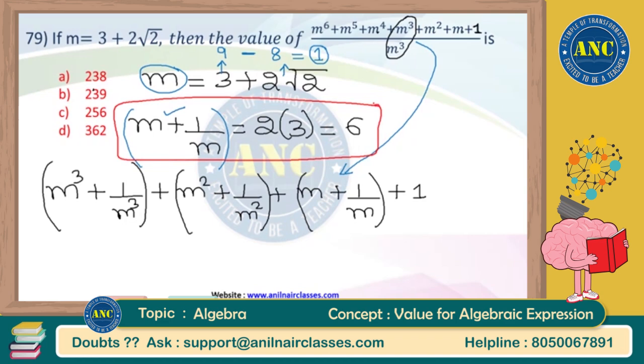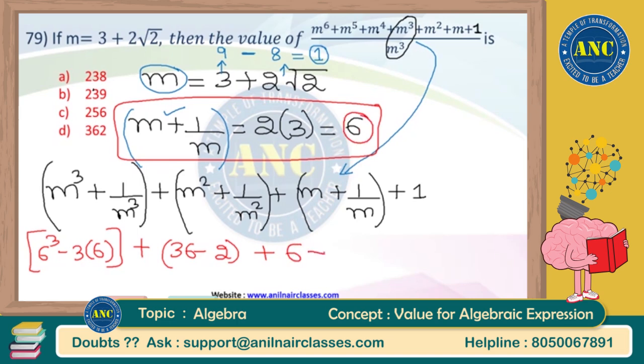All these values can be easily calculated because I know the value of m plus 1 by m. If m plus 1 by m equals 6, m cube plus 1 by m cube will be equal to 6 cube minus 3 into 6. This value is 216 minus 18, which is 198, plus m square plus 1 by m square will be 6 square minus 2, which is 36 minus 2, plus m plus 1 by m is known to us directly as 6, plus 1.